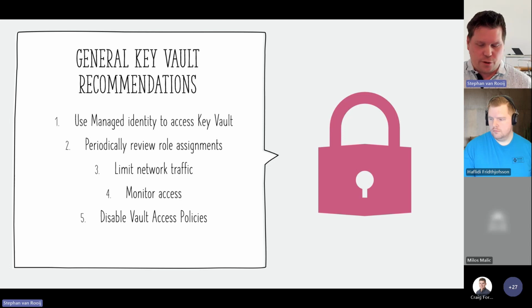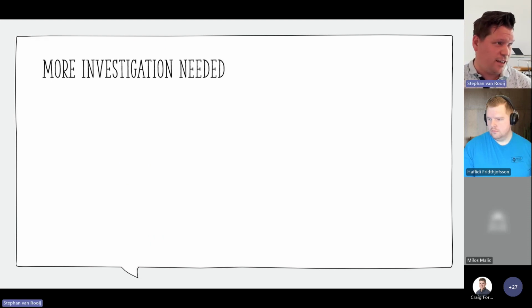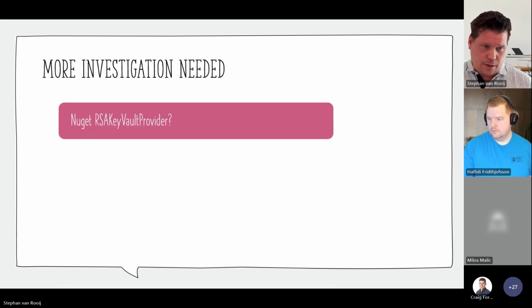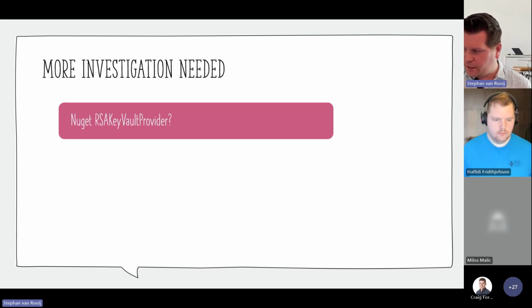At this point, I only researched how it works for client assertions. But I think there's some more investigation needed. Last night, through some Googling, I found that there seems to be a NuGet package with an RSA Key Vault provider.